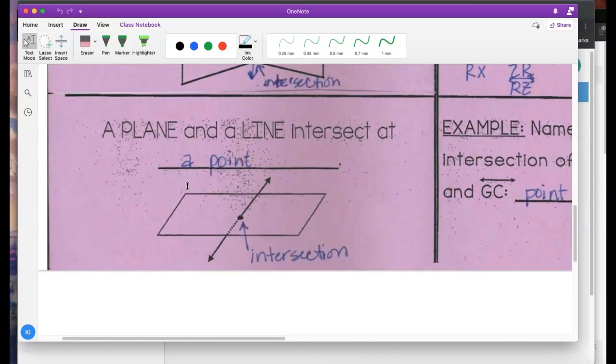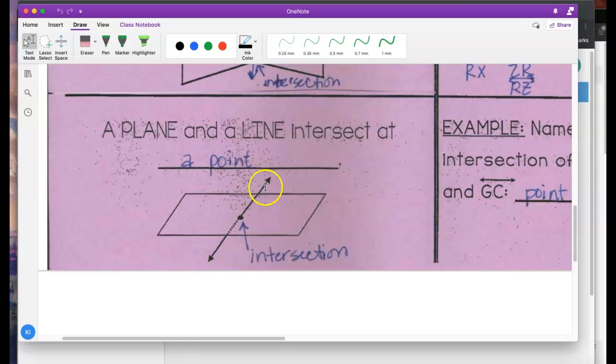Our last concept that we're going to go over is how a plane and a line intersect. Imagine I take a ruler and lay it on a desk, or you take a piece of string and lay it on the floor.